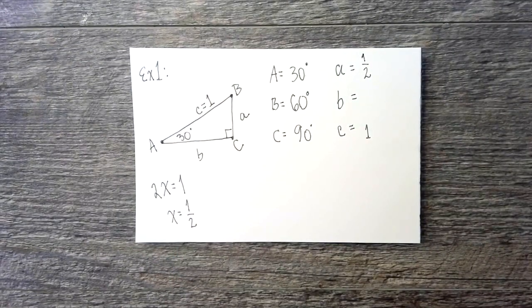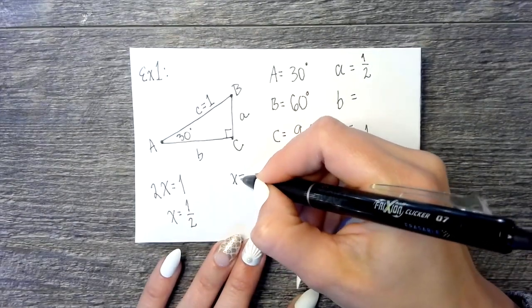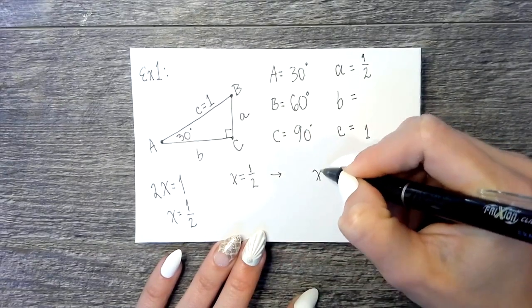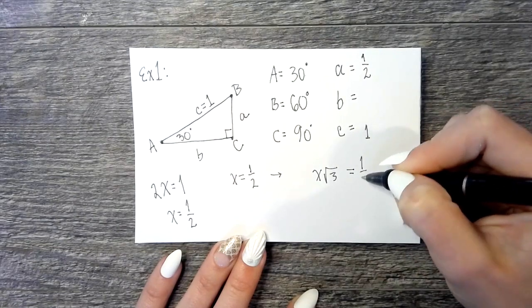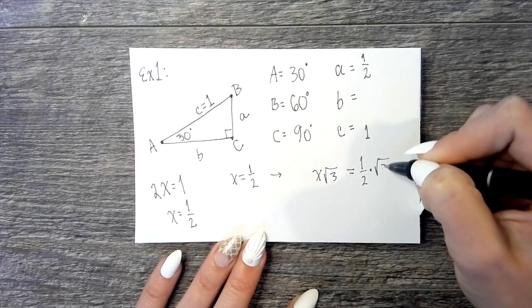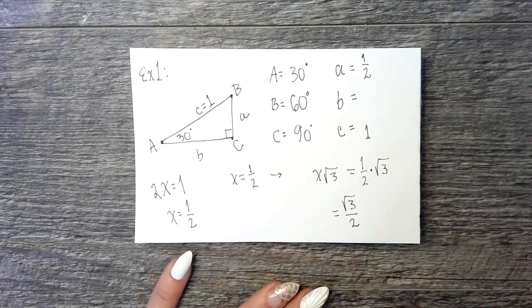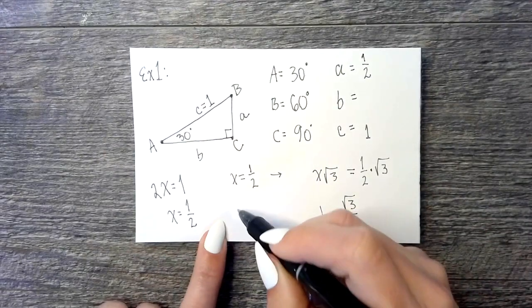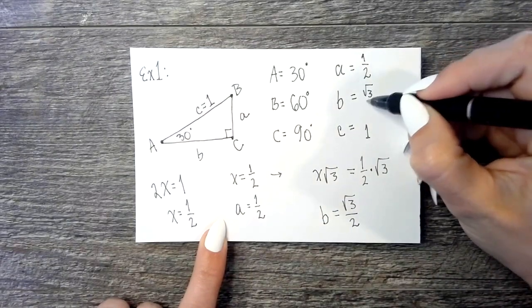Since x is the expression we use to represent the side across from the 30-degree angle, that means that side a is equal to 1/2. The longer leg, or leg b, is equal to x radical 3. And since we know that x is equal to 1/2, then x radical 3 must be 1/2 times square root 3. And a better way to write it is b equals radical 3 over 2.